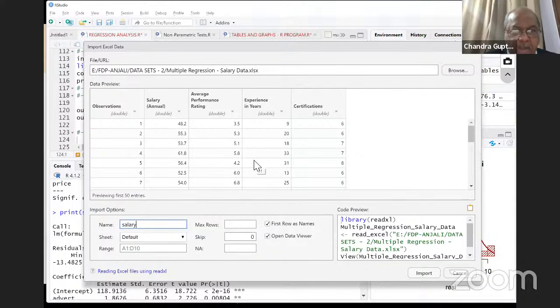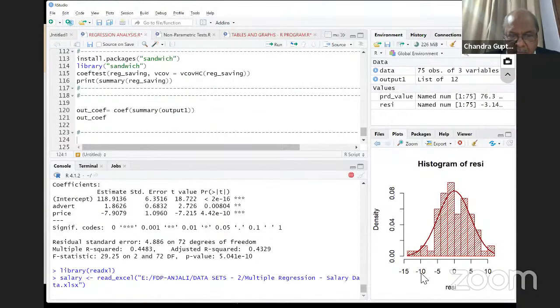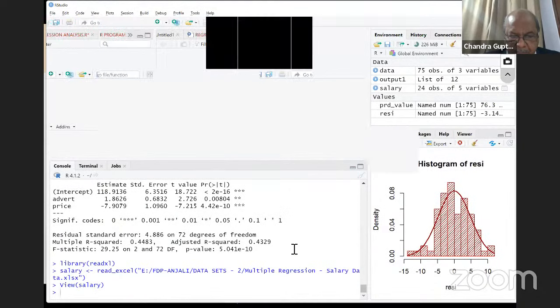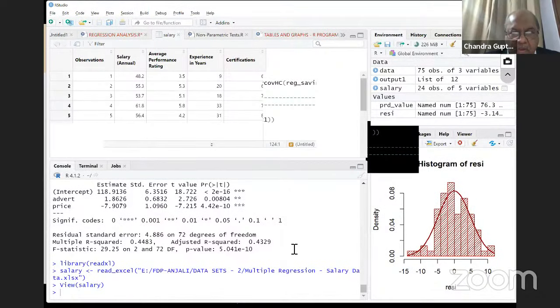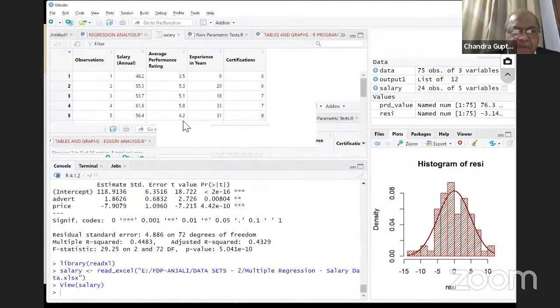I have the salary data, which is a function of rating, experience, and certification. So I import it. And that's the data which we have with us.